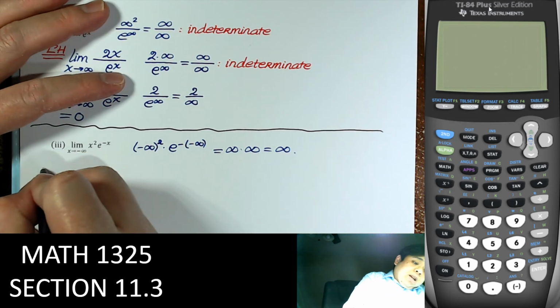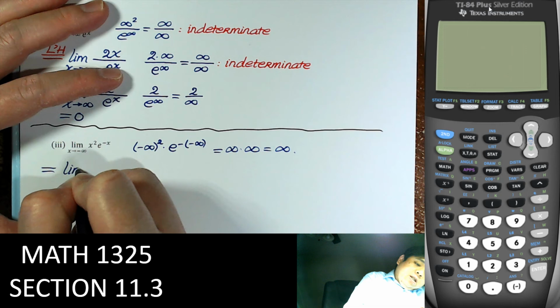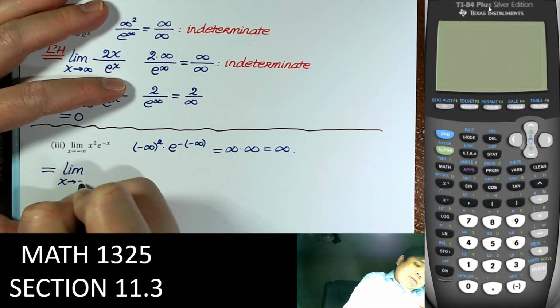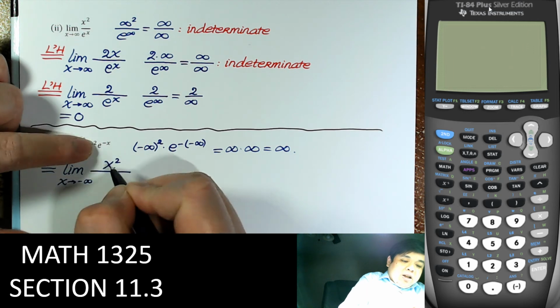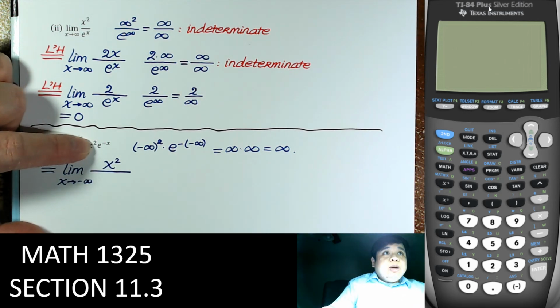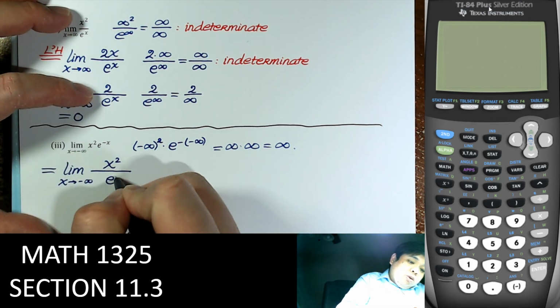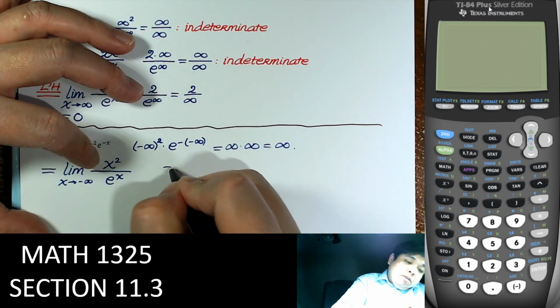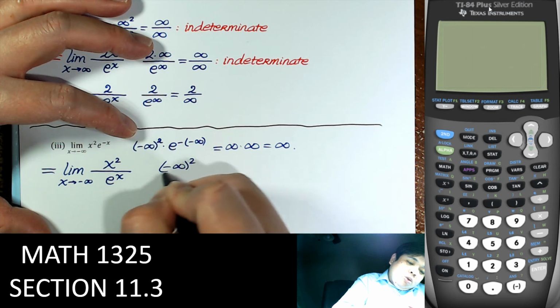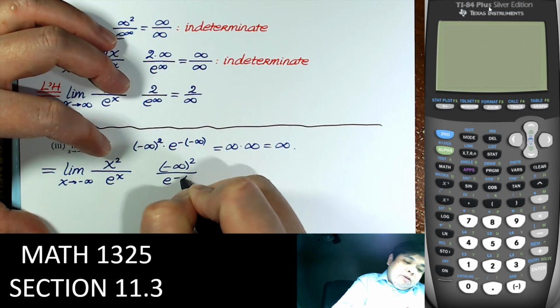That's one way to do that. Another way is to just rewrite this as x squared still on top, e to the negative x. If we move it to the bottom, that becomes e to the x. Then put in the numbers, see what happens. Negative infinity squared, e to negative infinity.